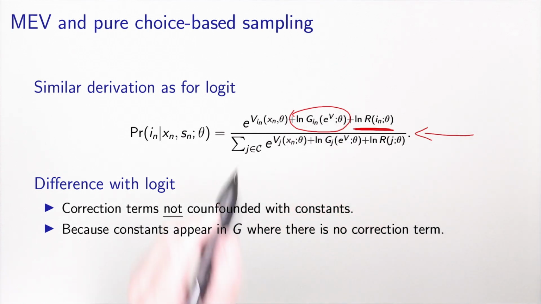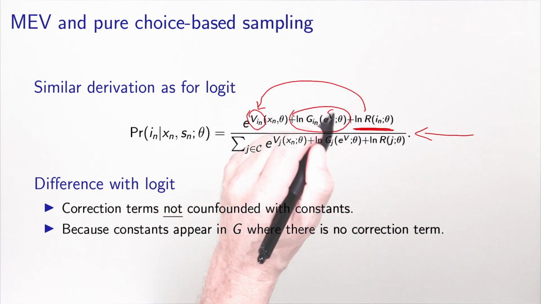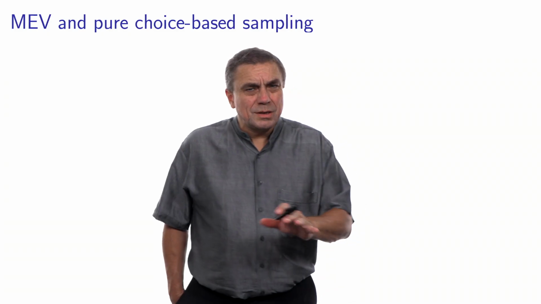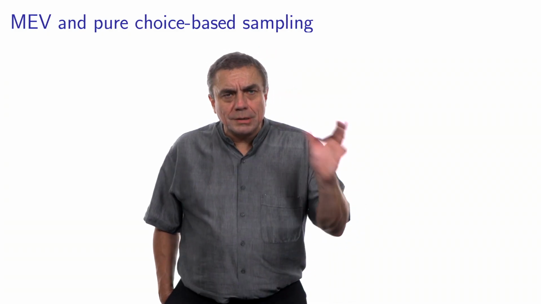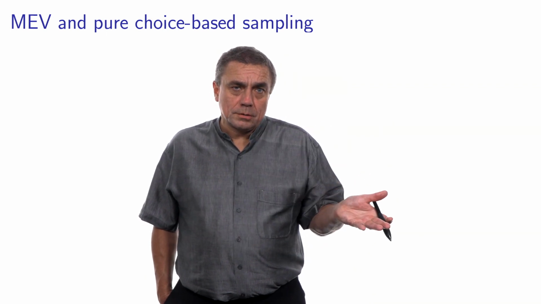In particular, the V_i which is here is influenced by the correction, but the V_i which is inside here is not. So this is not as simple as the logit model. We cannot claim that the correction term is confounded with the constant.